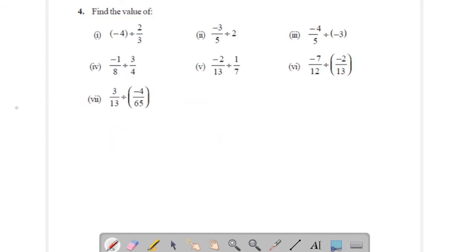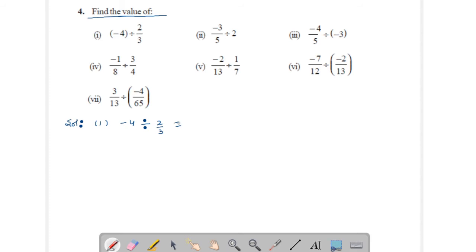Now come to question number 4. Find the value of. Here you have to divide the rational numbers. See the solution. Say first part, it is minus 4 divided by 2 upon 3.